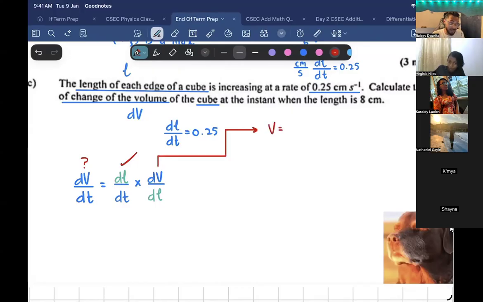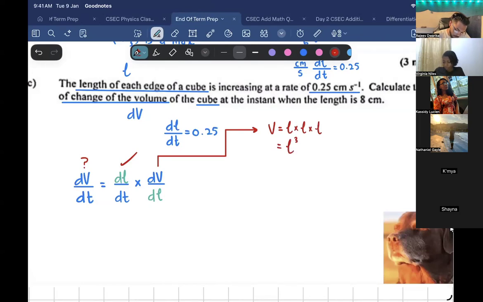And instead of using side, we're using length. So what would the function for volume be in terms of length? We're not using side, so length by length by length, which is just length to the power of 3.